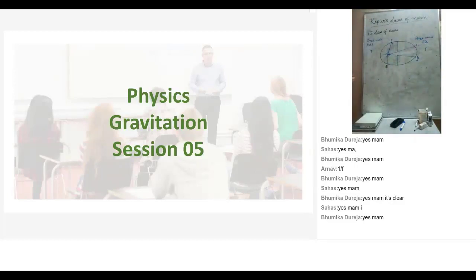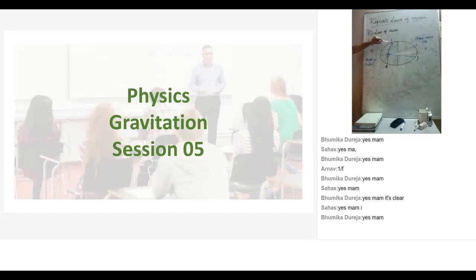Which means that radius vector is covering some areas in a given time, and it is found that it will cover equal areas in equal intervals of time. I repeat, the radius vector, I mean the line joining the sun and the planet, will cover equal areas in equal intervals of time.